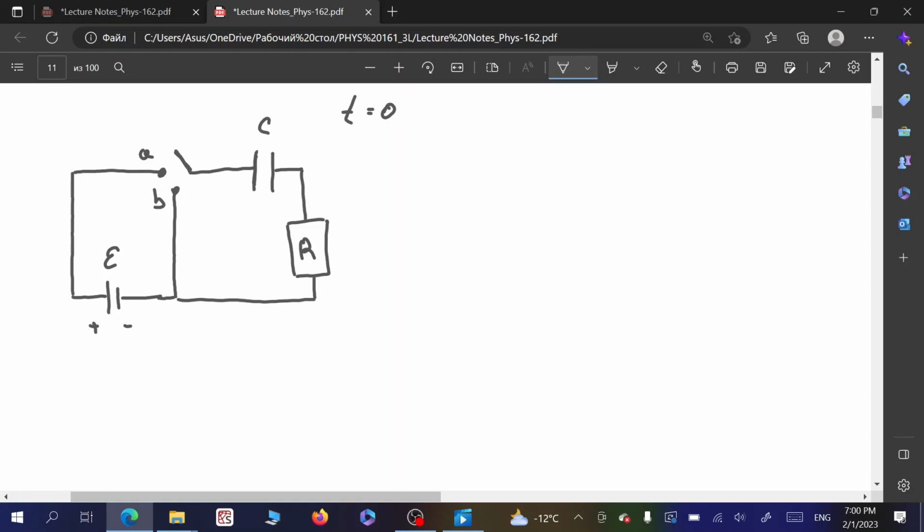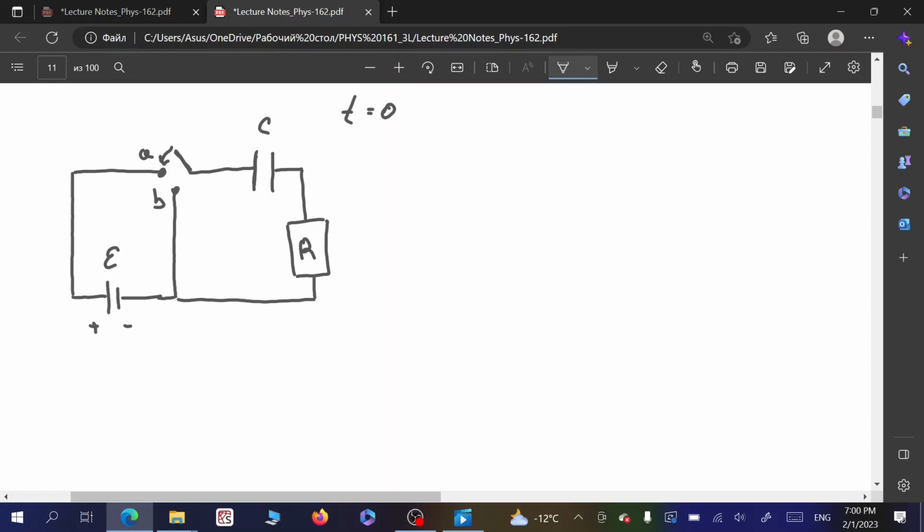So we switch this switch into position A, and the question is, will we have any current in the circuit or not?